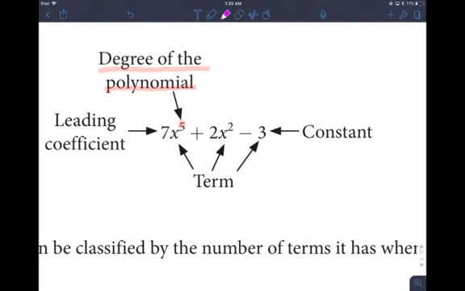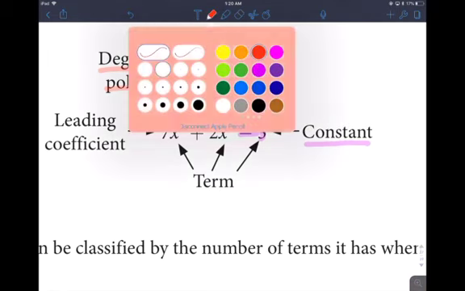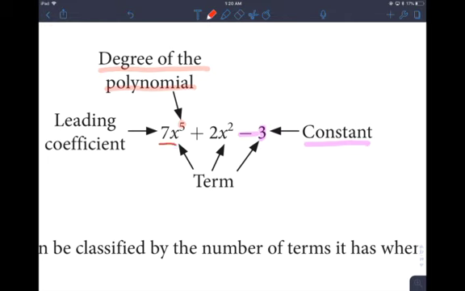The constant term is -3. We see that this polynomial has 1, 2, 3, so 3 terms.